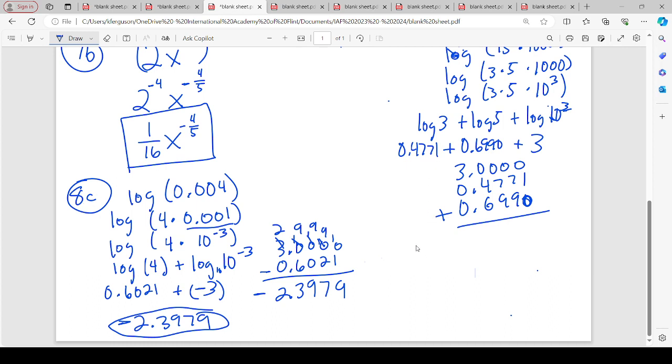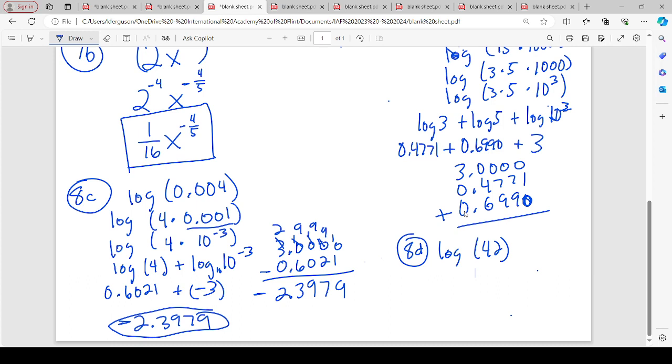And so then I've got 8D next. That's log of 42. Well, obviously 42 is not there. So what should I do? Figure out what two numbers will multiply to give me 42.